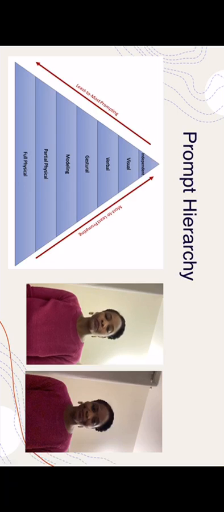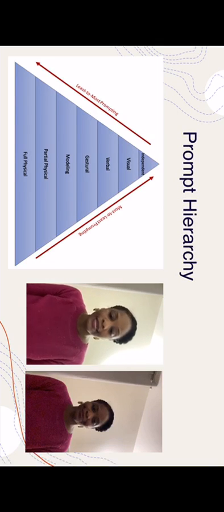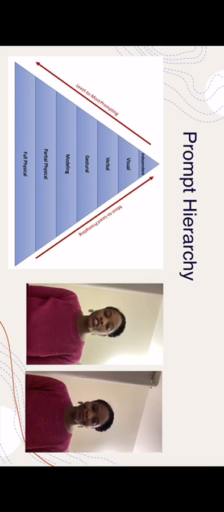The last thing is a visual prompt. And this is just simply a visual of what needs to be done. So let's say that you have a client, and we'll go back to the example of the pencil. So let's say you have a client or a student, and they respond to visual prompts, or they need visual prompts.